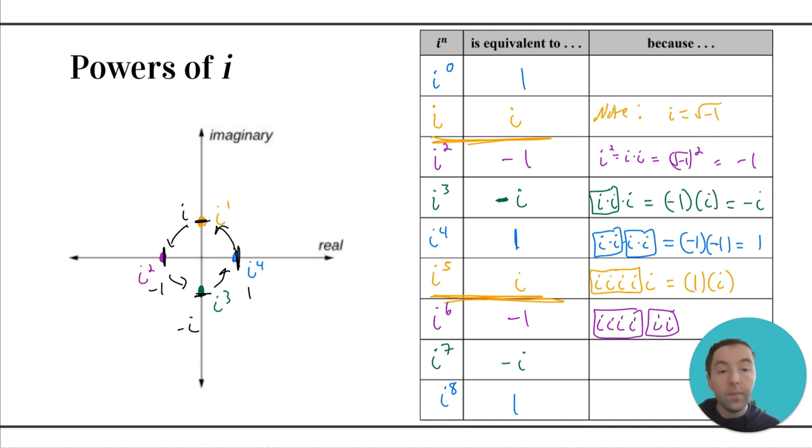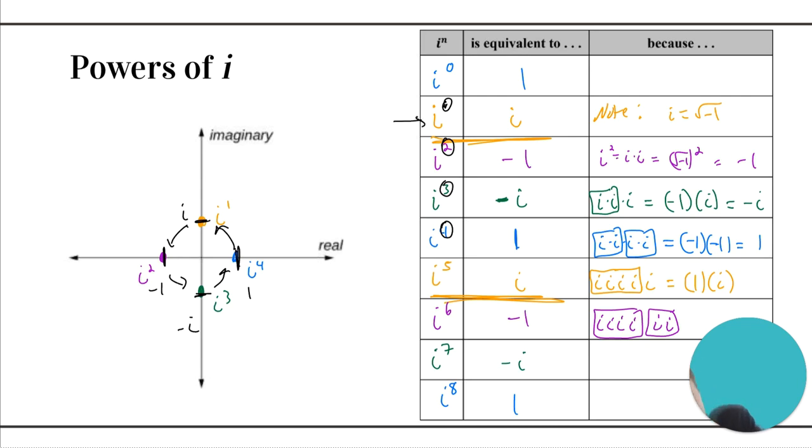Because we were going through a pattern of the same four numbers over and over, comparing the exponent to the number four is really critical.